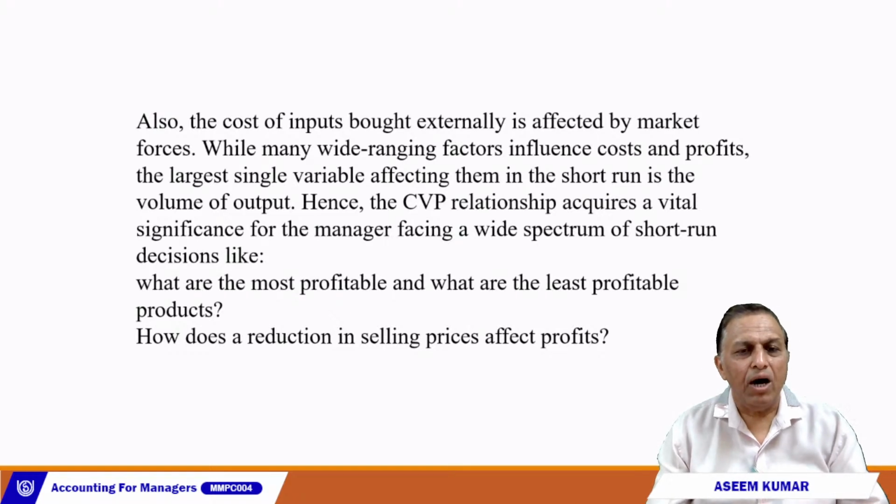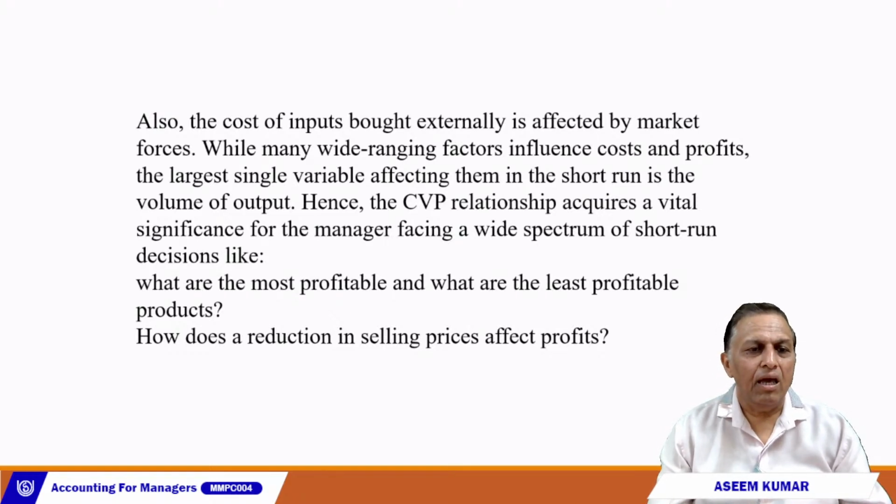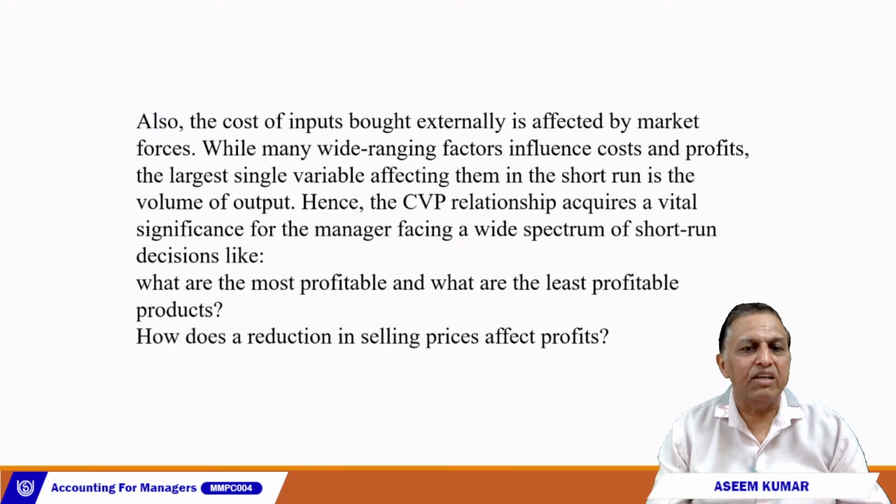The volume of output is again a paramount factor which helps us know whether we are producing more, whether we are producing at par with the earlier months, or whether we have increased our output. Hence, the CVP relationship acquires a vital significance for the manager facing a wide spectrum of short-term decisions.